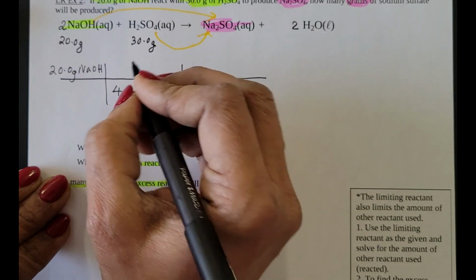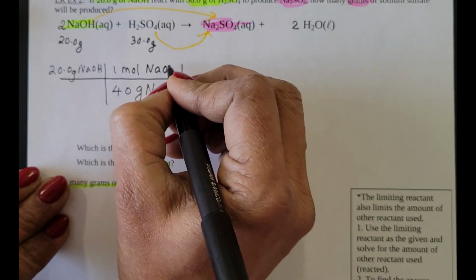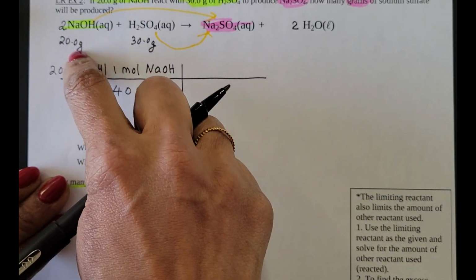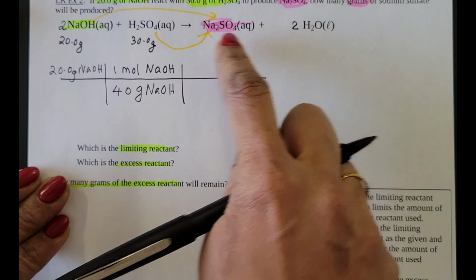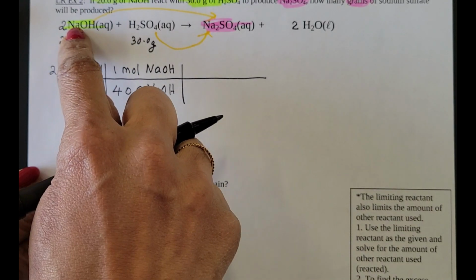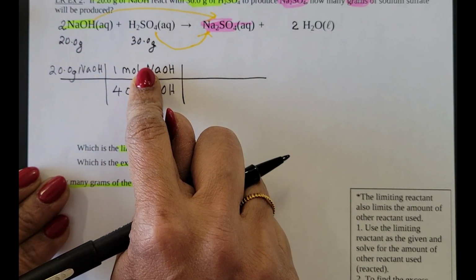That is molar mass. Molar mass will always be the mass of 1 mole of that compound. So now you cannot do conversion from gram to gram directly. We always need to convert gram into mole. So you converted the sodium hydroxide into moles of sodium hydroxide.